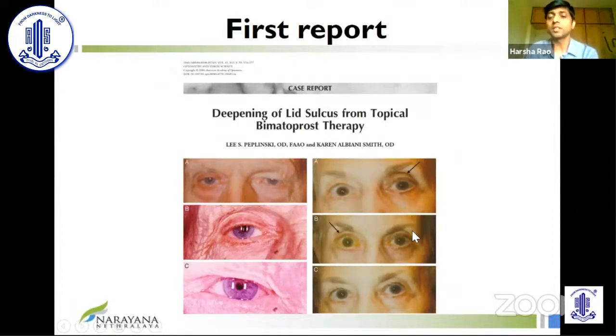The patient was subsequently challenged with bimatoprost to her right eye. That's when the right eye also started showing the deepening of the upper eyelid sulcus. And then subsequently, when bimatoprost was discontinued, this deepening regressed.